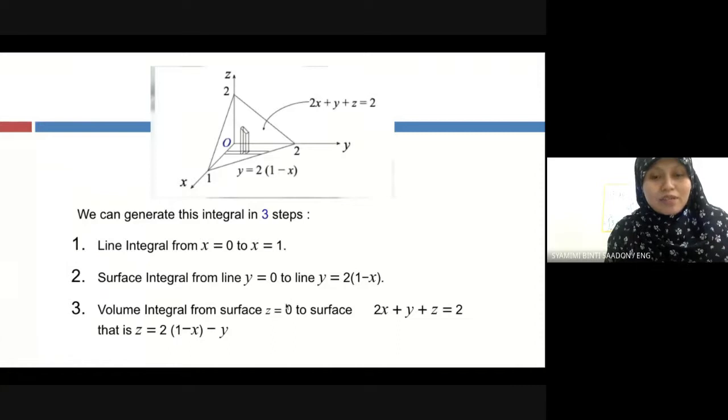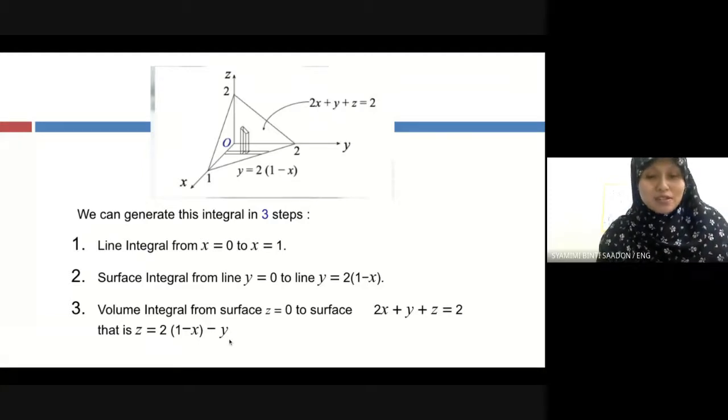And for z, it is from z = 0 until this plane, where the plane is 2x + y + z. So use this one, and we have 1 minus x minus y.